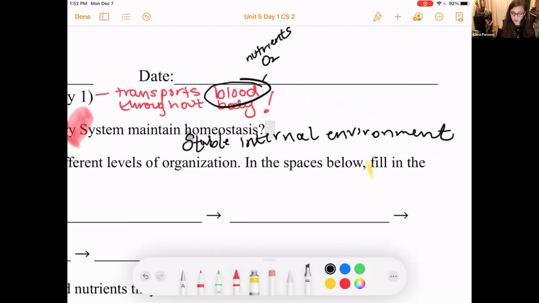And the way that the circulatory system does that is by transporting needed gases and nutrients to our cells and also carrying them away from our cells. And in that way, the circulatory system helps every cell in our body and the whole organism, us, maintain homeostasis. Pretty cool. Thanks, circulatory system.